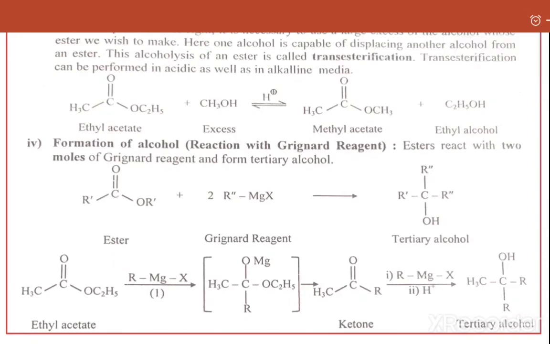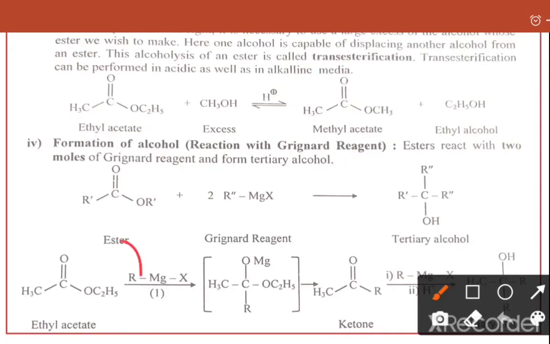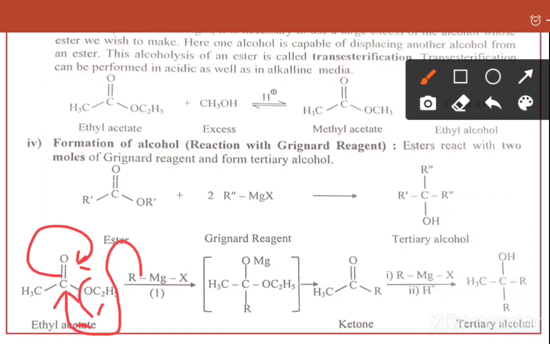In the first step, it attacks the carbonyl carbon, with departure of the OC2H5, and the intermediate shown here, CH3C(OMgX)(R)OC2H5, is formed. Later this shifts, with departure of the ethoxy group, and we get this ketone.